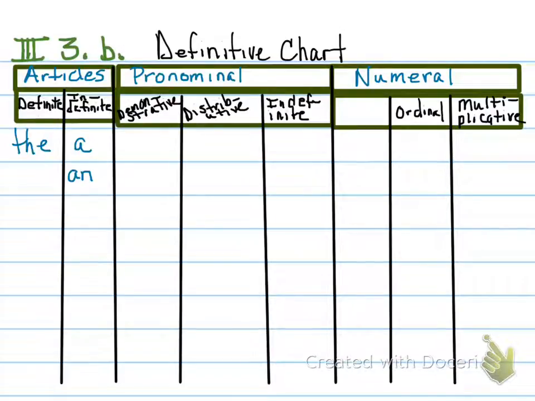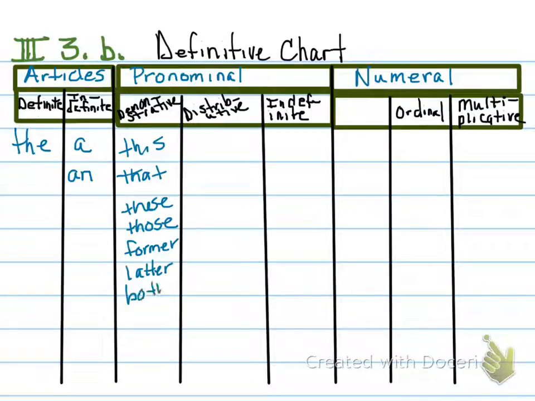Words that demonstrate as adjectives would be words like this boy, that paper, these books, and then of course other words like those, the former football player, latter meaning later, what you talked about previously, both, and same. Those are some examples.